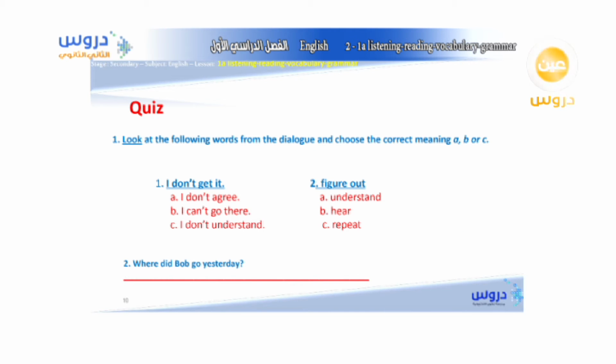So let's also have a quiz here. When you say, I don't get it, what does it mean? It means I don't agree, I don't go there, or I don't understand. So when somebody tells you, I don't get it, what does it mean? A, I don't agree, B, I can't go there, C, I don't understand?